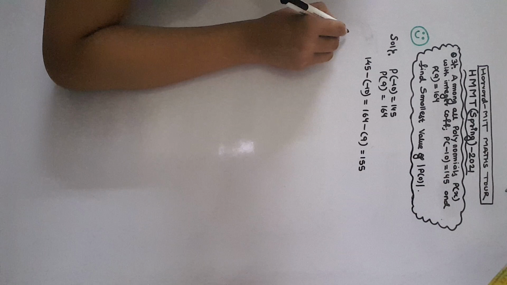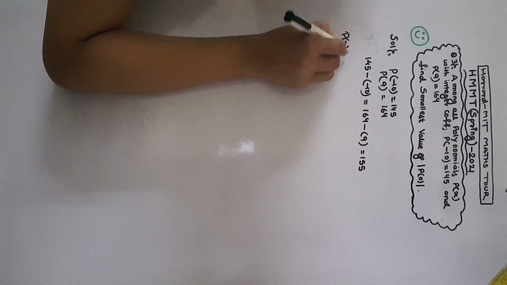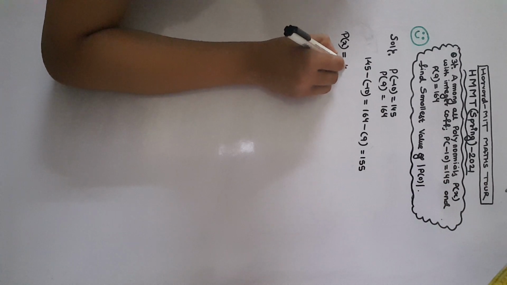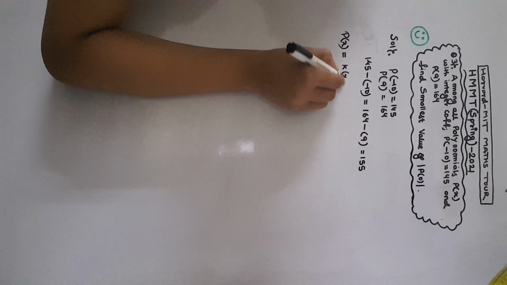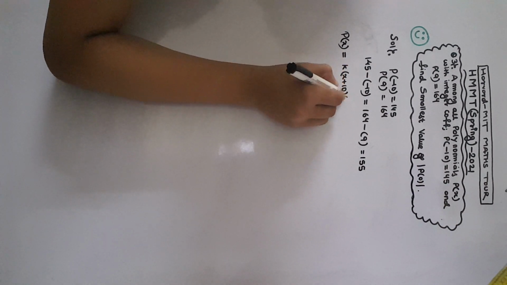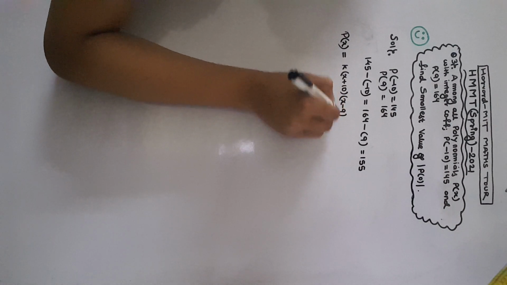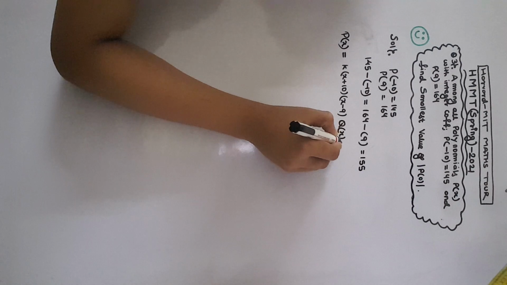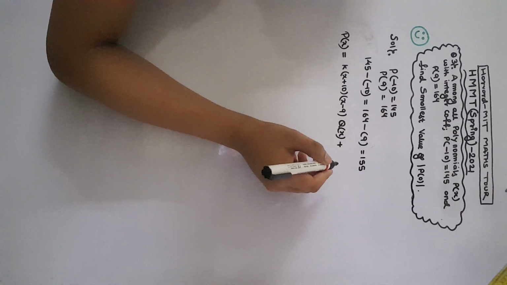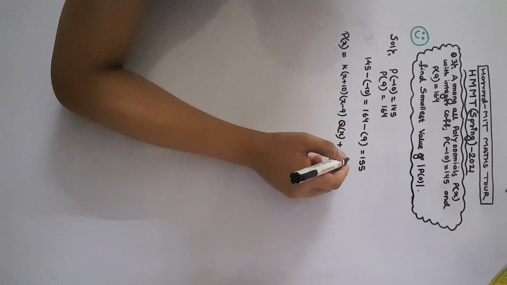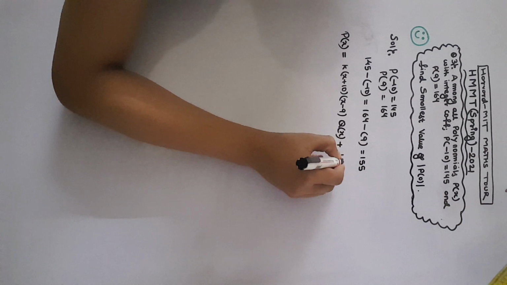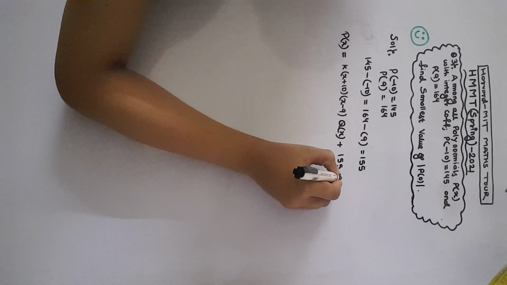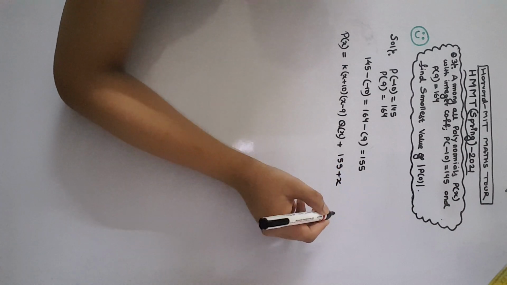So if I create a polynomial P(x) which is in the form of a constant k multiplied with (x+10)(x-9) times another polynomial Q(x), plus 155 plus x.